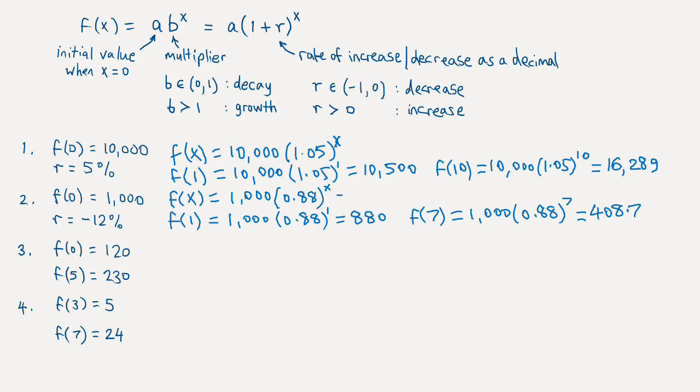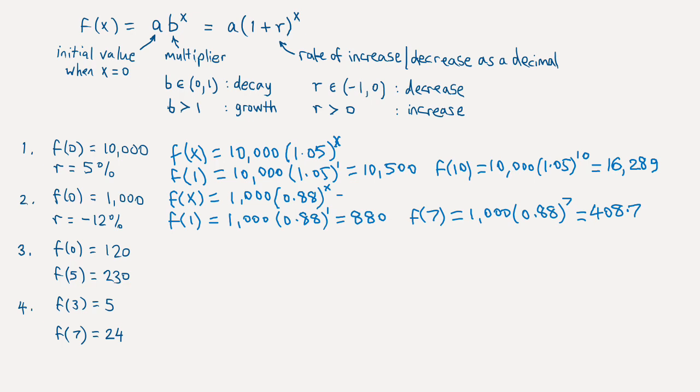Okay, what about an exponential function if we're given the value of the function at the initial value, so f of 0, let's say it's 120, and after 5 time periods, when x is 5, we're up to 230, and we've got an exponential growth function, and we just need to figure out what the function looks like as a formula.